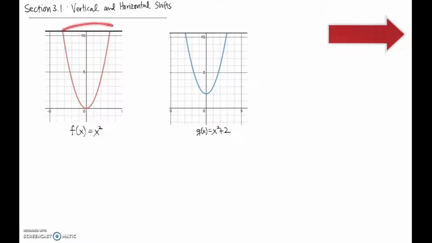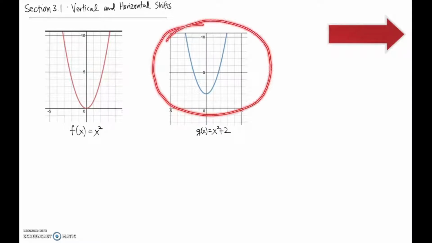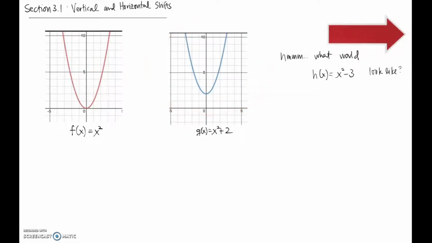So knowing that this graph of this function looks like this, and here we have this function, which is very similar to this one, some slight differences, but it looks like this. What would you expect this function to look like? h of x equals x squared minus 3.